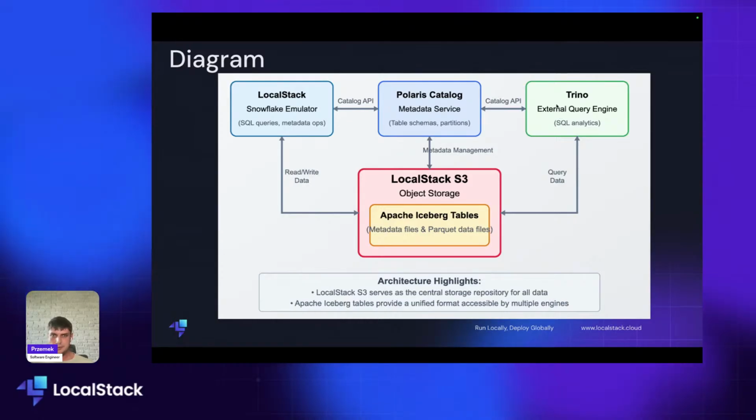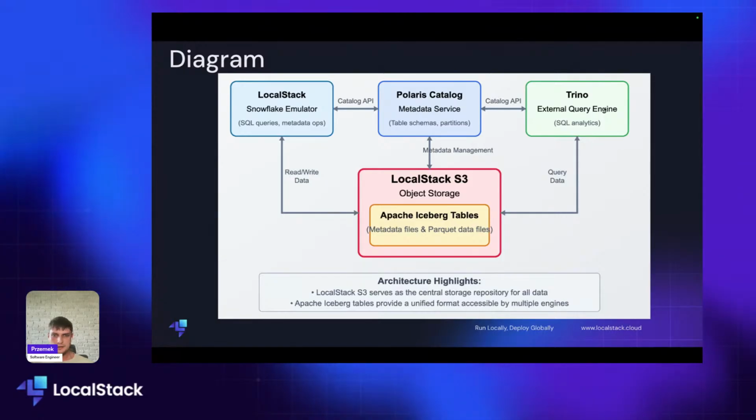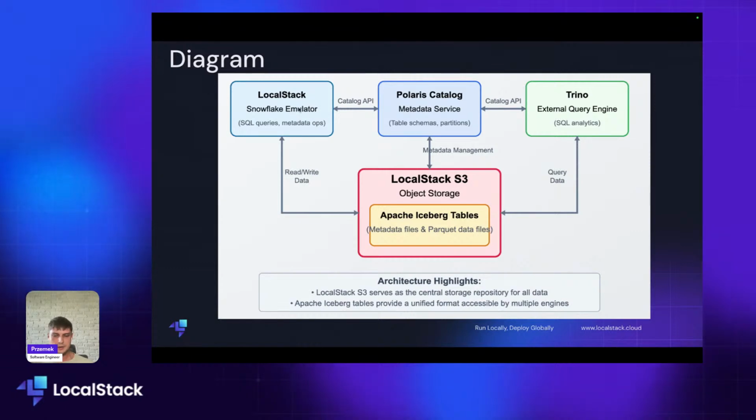Everything will be spun up using Docker Compose locally in 3 different images. Polaris catalog is one image, LocalStack Snowflake emulator and LocalStack S3 are the second image, and Trino is the third image. The LocalStack Snowflake emulator would talk to Polaris catalog via the catalog API.